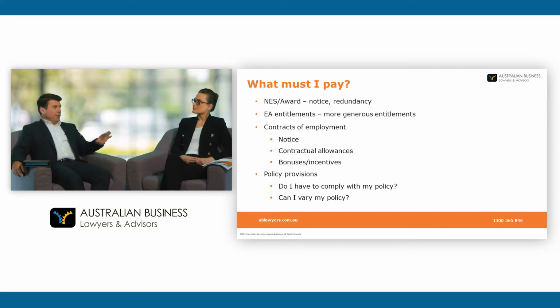There are plenty of cases out there that talk about an obligation to pay someone their bonus unless there's the correct wording in your contract. So that's another reason you need to have your contracts up to date with the right wording in them as well.